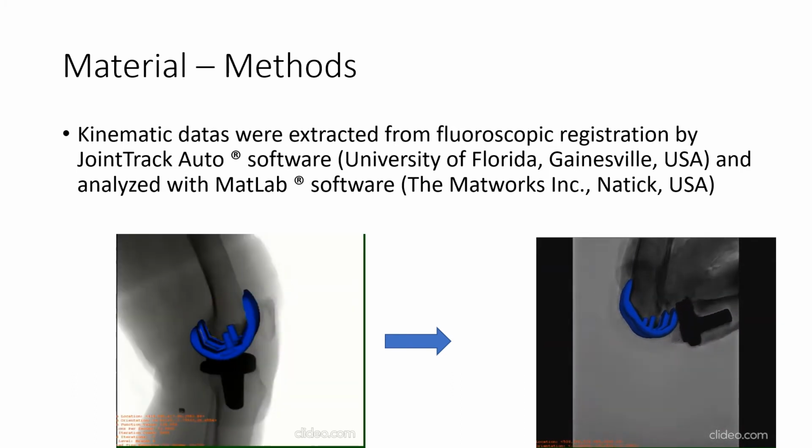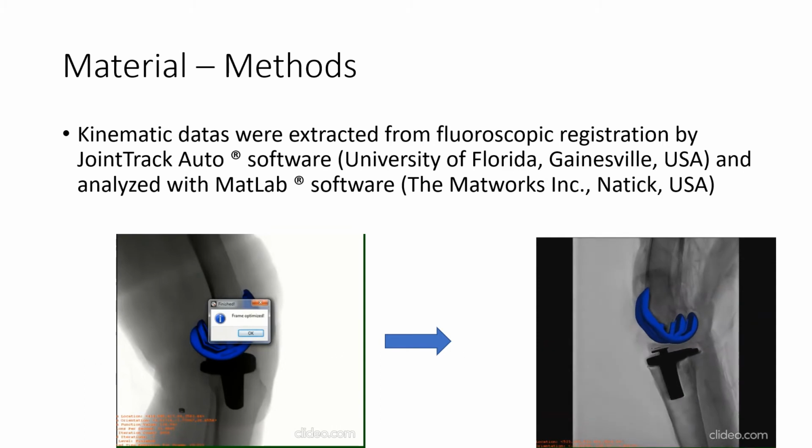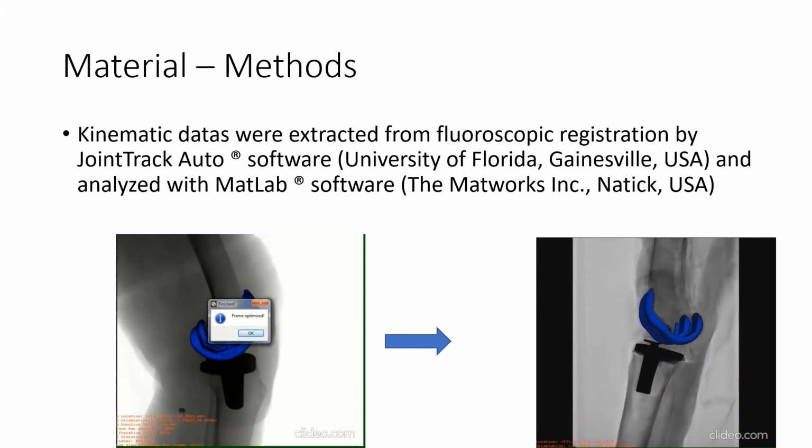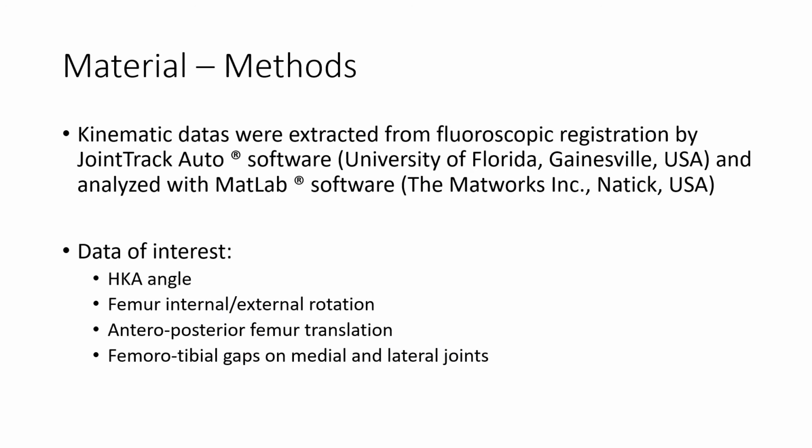This analysis transformed the fluoroscopic images into mathematical data, which were compared to the mathematical data extracted from the navigation software. Data of interest were the HKA angle, the femur internal and external rotation, the anteroposterior femur translation, and the femorotibial gaps measured on the medial and on the lateral joints.